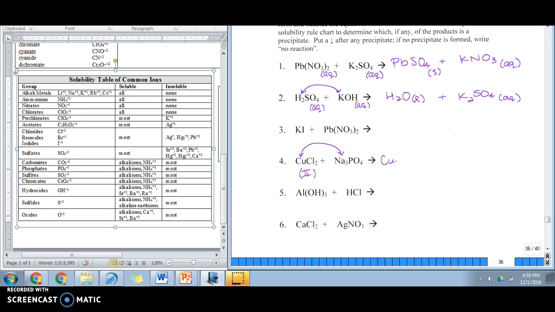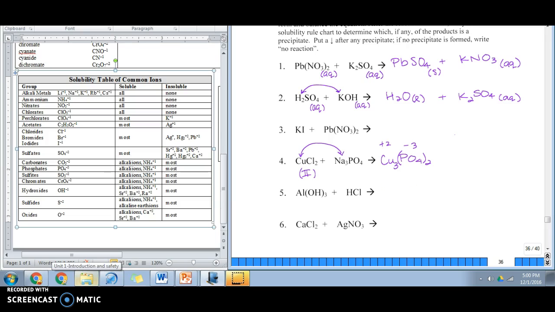So copper is now going to be bonded, and remember it has a positive 2 charge, to PO4 phosphate, which has a negative 3 charge. So we have to make sure that we write the balanced chemical formula for copper 2 phosphate. I know that I need 2 negative 3s to balance out 3 positive 2s. So that's my chemical formula for copper 2 phosphate.